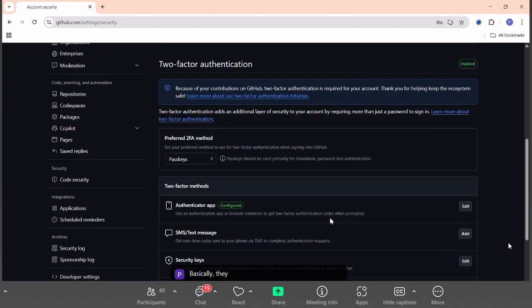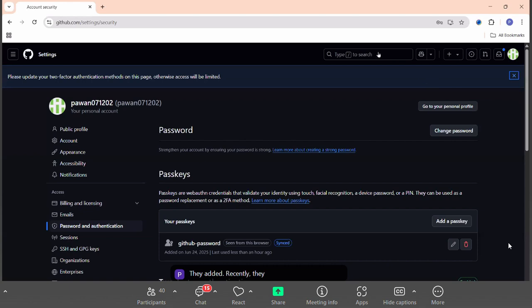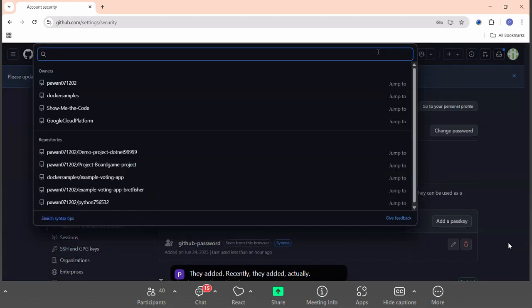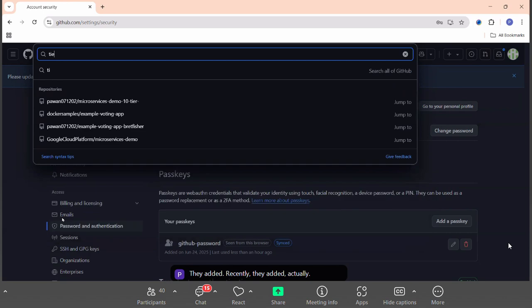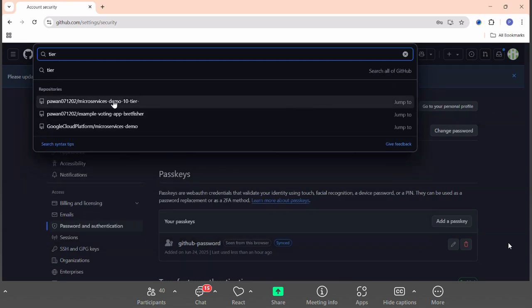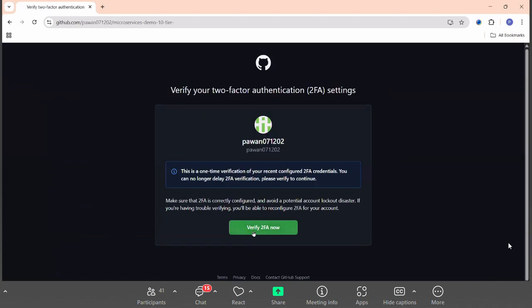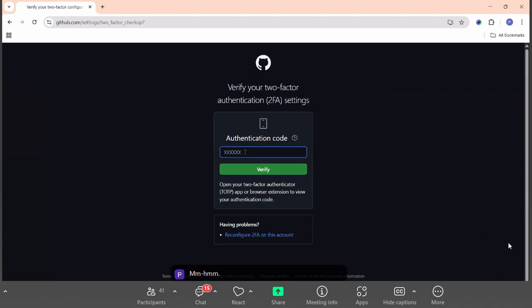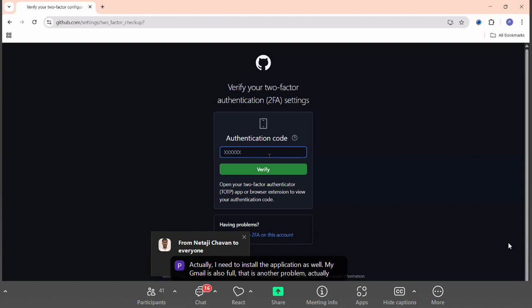Recently they added this. I need to install the application as well. My Gmail is also full, that is another problem. Yes, the passkey has been added.